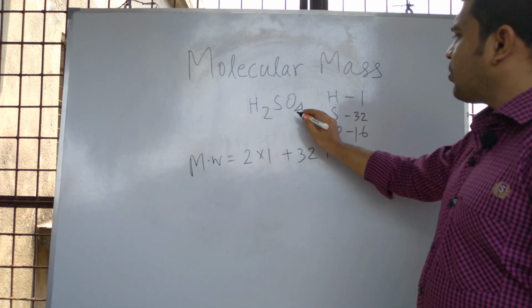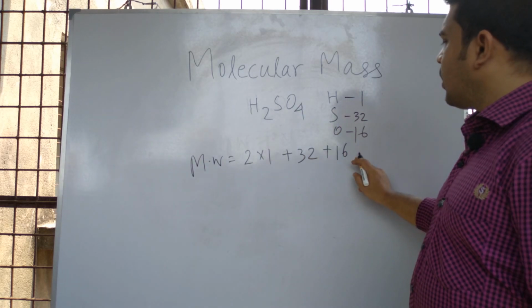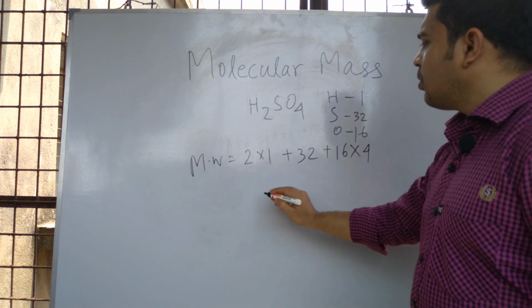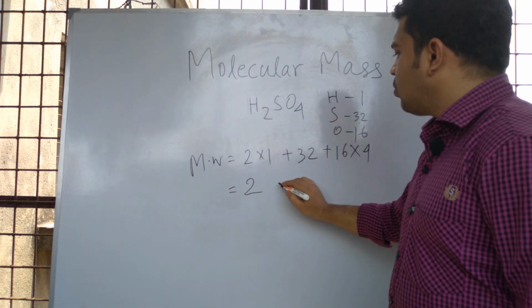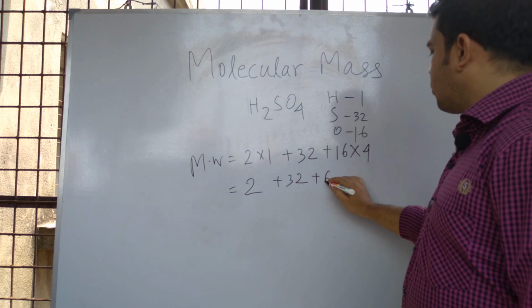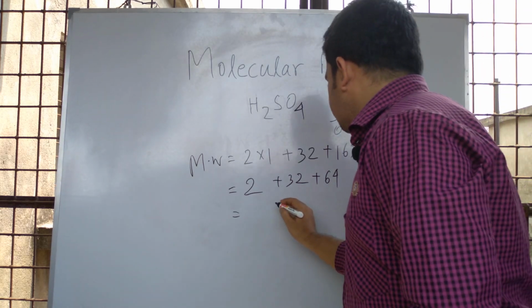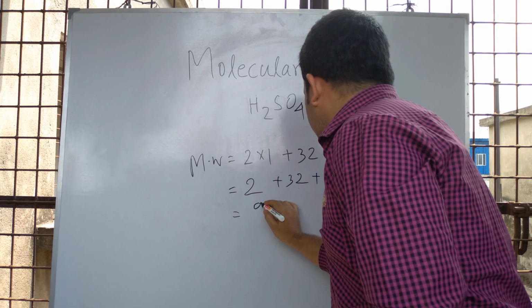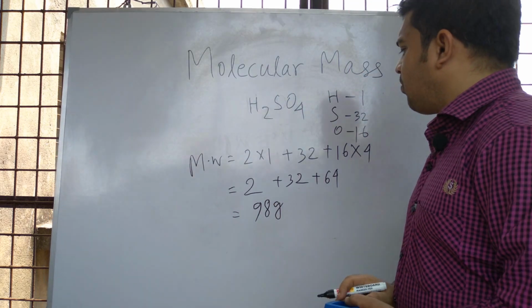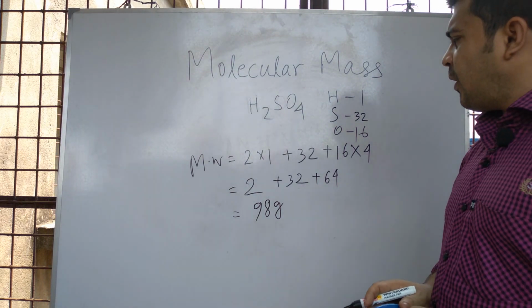And oxygen has atomic weight of 16 gram, and the total number of oxygen is 4 in this molecule. So molecular mass equals 2 plus 32 plus 64, so the total is 98 gram. So 98 gram is the molecular mass of sulfuric acid.